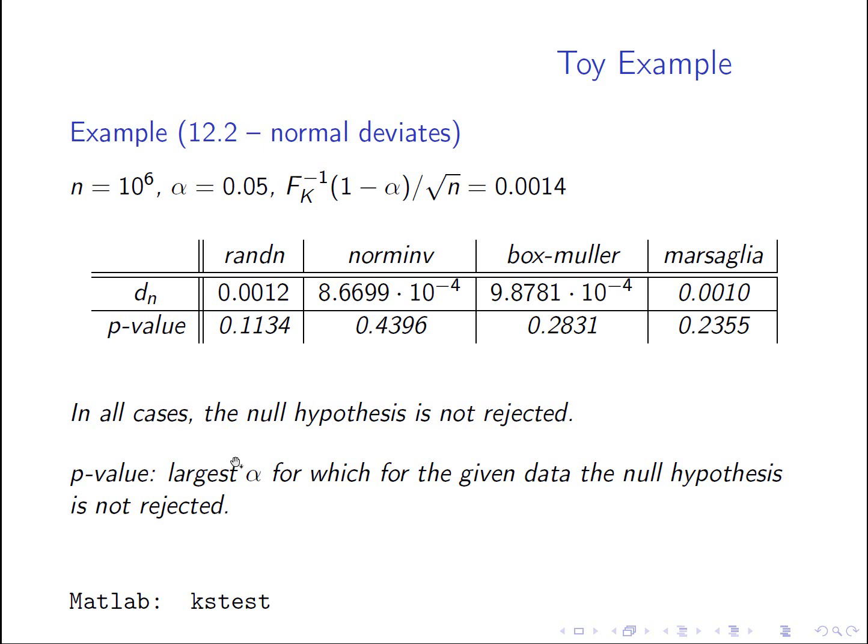The p-value is the largest alpha for which, for the given data, the null hypothesis is not rejected. The larger alpha is, the more skeptical you are, the more even realistic data you exclude under the null hypothesis. So for practitioners, this is a measure of how good the data really is.